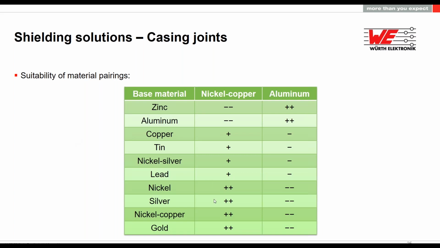As an example, if we have a tin enclosure, it's better to use nickel copper gaskets than aluminum gaskets. This is an issue called galvanic corrosion, and we need to take it into account in order to have an enclosure that can withstand more time and is a stronger design.